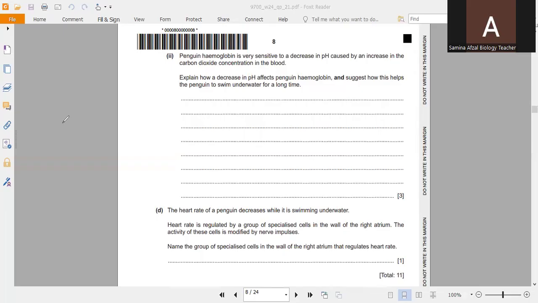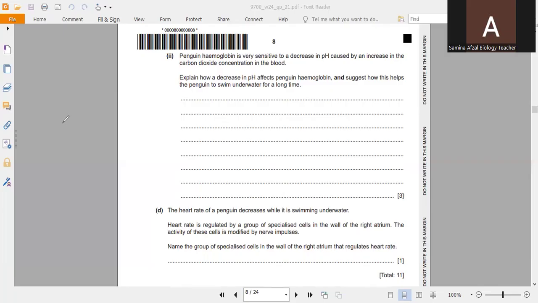So I would like to explain it in this way. That is the carbon dioxide and pH. When carbon dioxide dissolves in blood, it forms carbonic acid, which then dissociates into hydrogen ions and bicarbonate ions. So an increase in carbon dioxide concentration leads to an increase in hydrogen concentration, thus lowering the pH, making the blood more acidic.